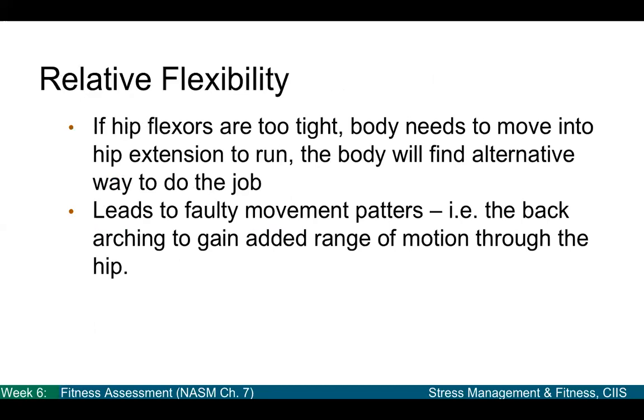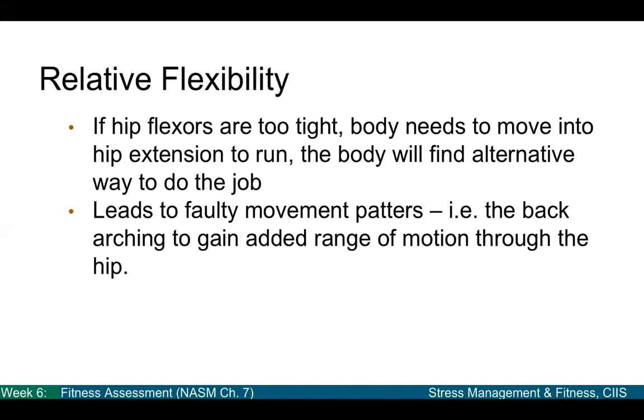More on relative flexibility. So for example, if hip flexors are too tight, the body needs to move into a hip extension to run, right? So let's say this is an example of you're trying to get ready to run, but your hip flexors are too tight. So what will happen rather is the body will find an alternative way to do the job. You're just not going to not run. Your body will do it, right? Even with those tight hip flexor muscles.